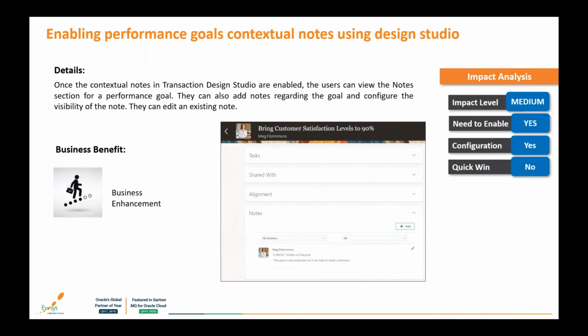But in case we want to provide special notes to some of these goals, then we don't have a placeholder. Using these contextual notes, we can enable it through Design Studio, put it on the performance goal pages, and accordingly enable that section and provide notes in case it is useful for the managers to view and see what things they need for improvement.